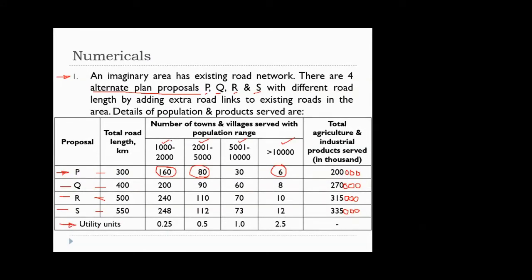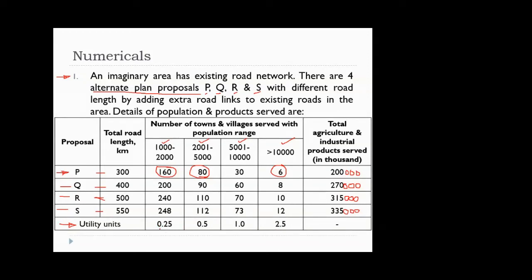So you can see based on the grouping of the population, they have given different utility units. One thing you can stress or just see is that as the population increases, the utility value increases.